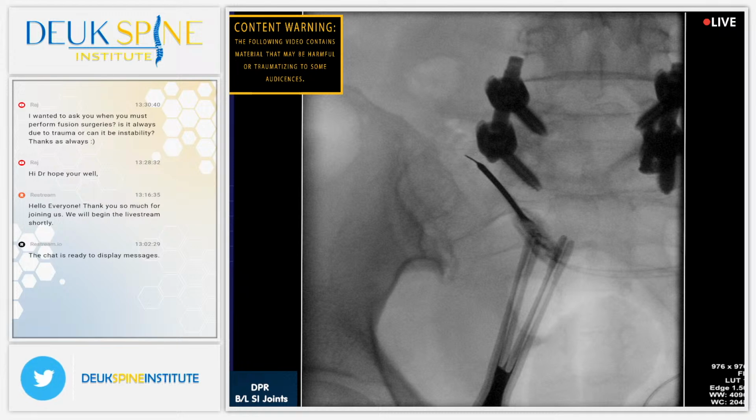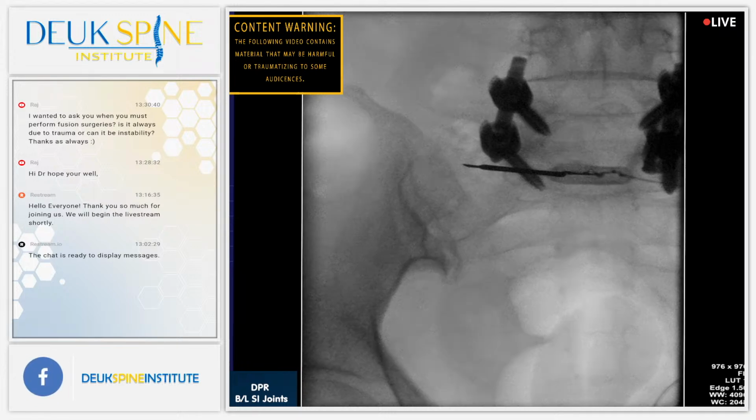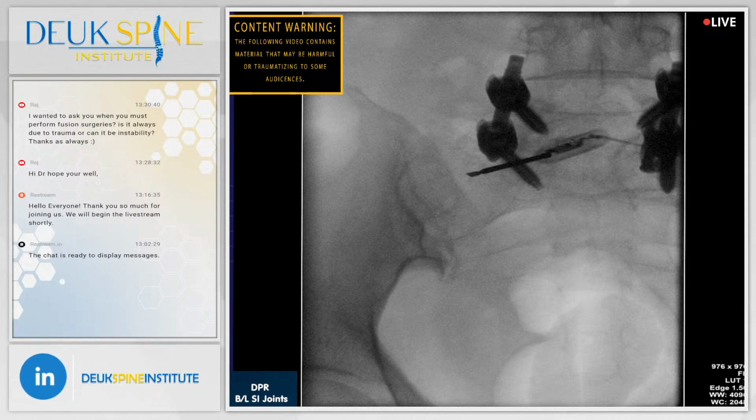Instability is severe pain or neurological deficit, which is weakness, numbness, tingling, that is caused by normal physiological loads to the spine.